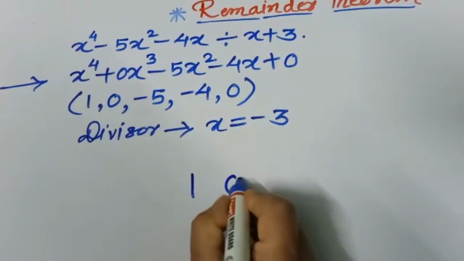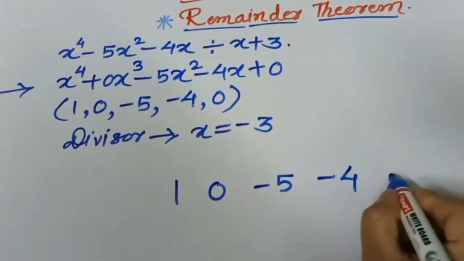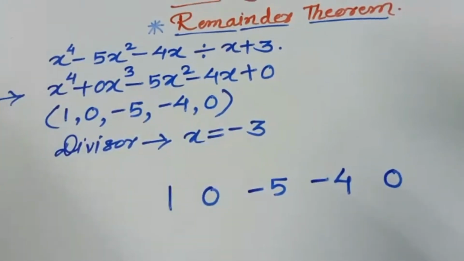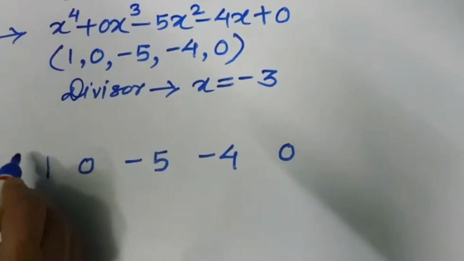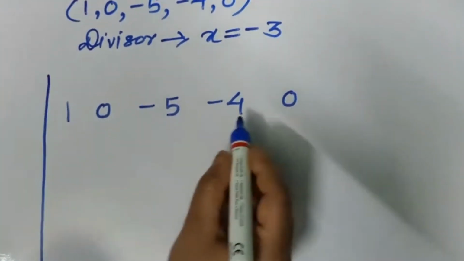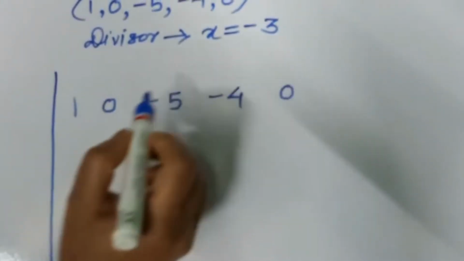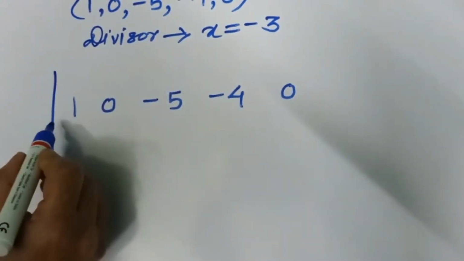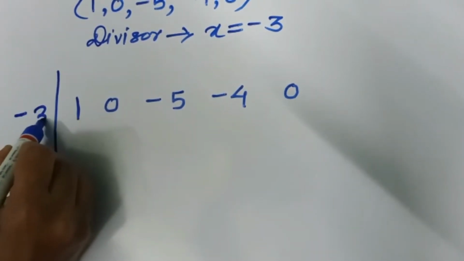So here 1, 0, minus 5, minus 4 and 0. Okay. After arranging this polynomial in the coefficient form, now we are writing the divisor, and here divisor is minus 3, that we have to arrange just left side of this first coefficient. Okay, that is minus 3.